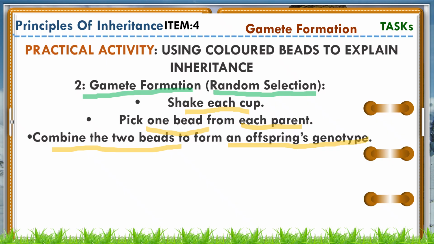So we form gametes by random selection: shake the cups, pick a bead from each parent, and combine the two beads to form the offspring genotype.